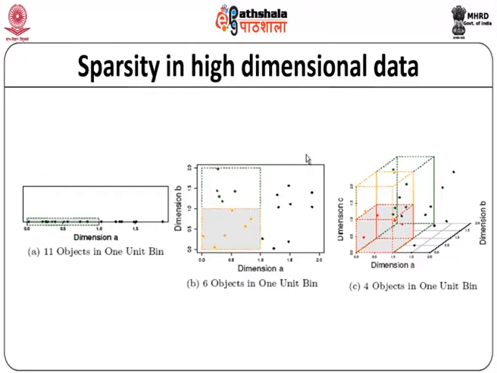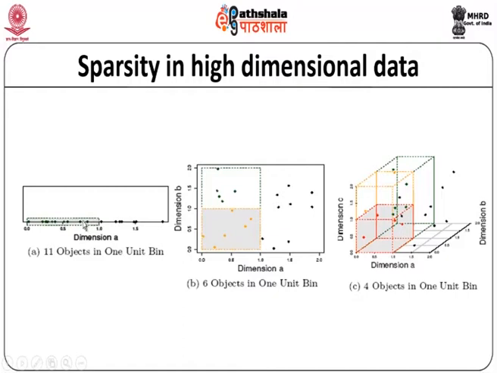I told you when we are having only one dimension, the data will be packed. Consider the figure given, A. Here in this figure we have 11 objects in one unit bin. So, this is the unit bin, and inside this unit bin you have 11 objects represented by small green circles.